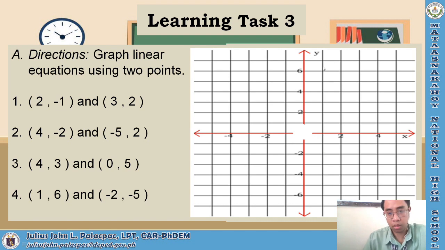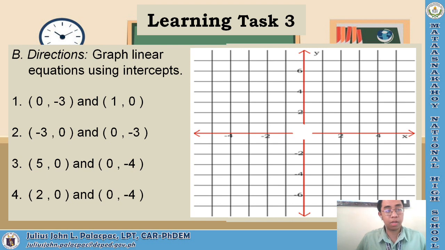So 1, 6 here. -2, -5 here. So here and here. So that's how we graph 2 points in our Cartesian plane or the rectangular coordinate system.